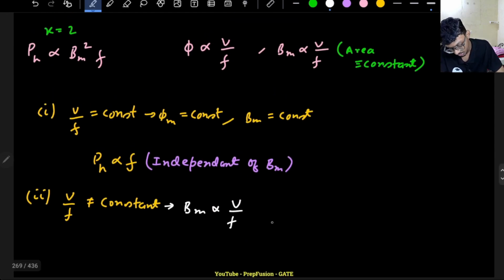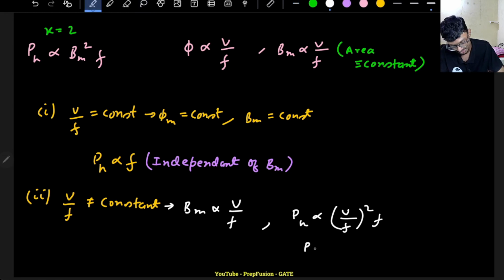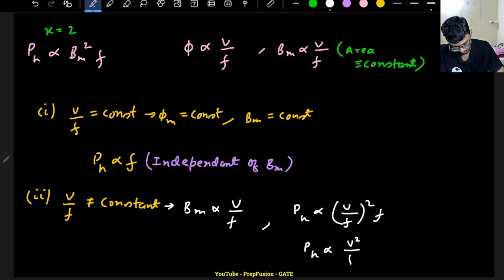So my hysteresis loss will be proportional to Bm whole square by F, that is V by F whole square into F, because Bm is proportional to V by F. So from here I can directly say the hysteresis loss will be proportional to the voltage whole square divided by F, where V is the voltage and F is the frequency.